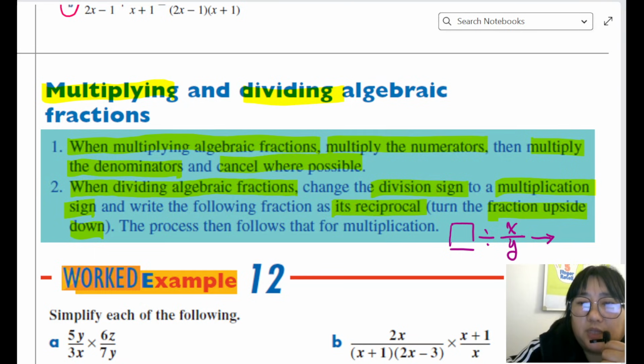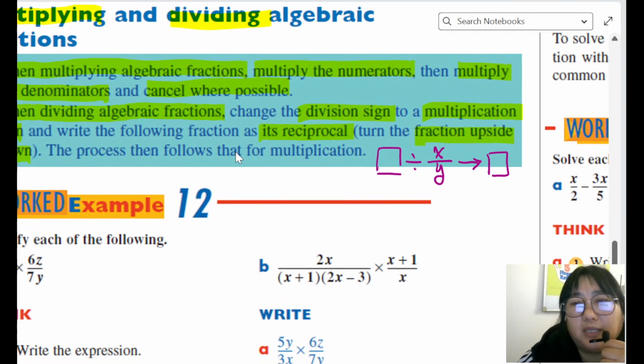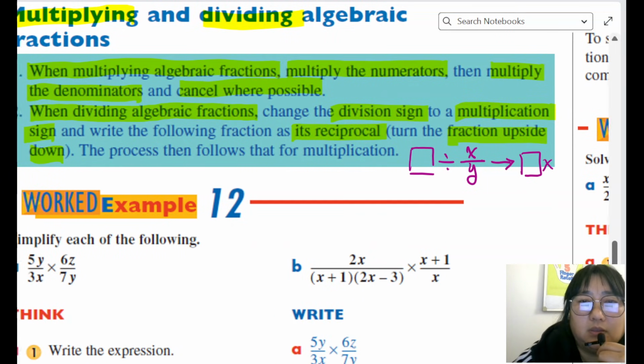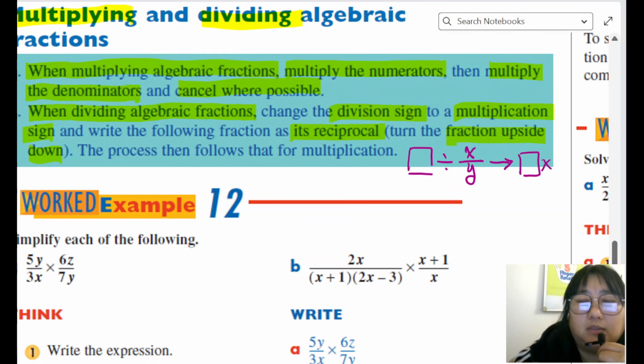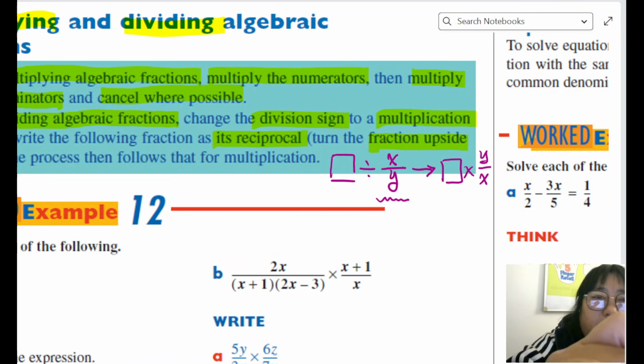They will change to this question: division changes to multiplication, and also your fraction. You can see here, the second fraction x over y will be upside down. It's like a flip. So I will change y to the top and x to the denominator. You have to keep that in your mind.